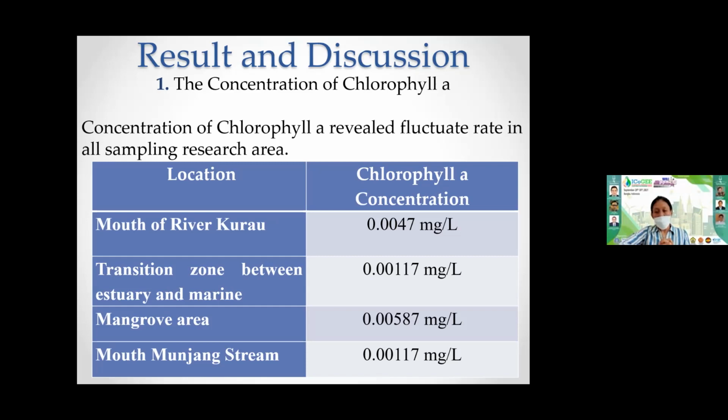And this concentration, based on Legendre 1983, is categorized as a low concentration because the concentration is less than 0.07 milligram per liter.